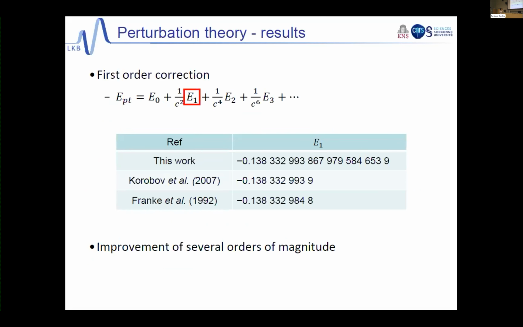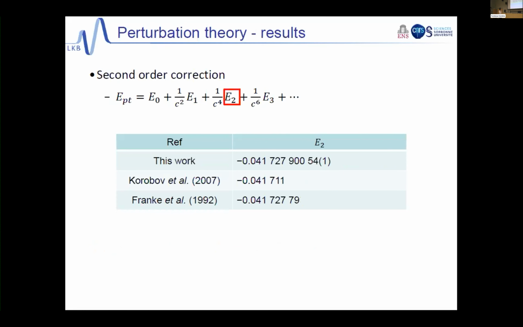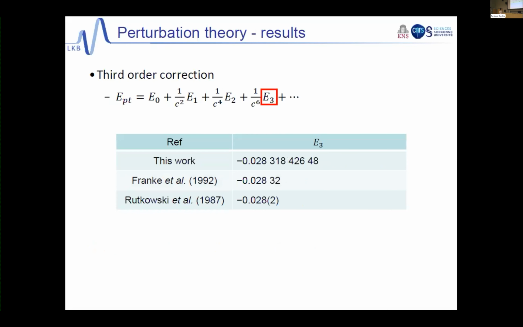So you can see that these were the results available in the literature, and we managed to improve the accuracy by several orders of magnitude. And the same for the E2 coefficient, and also for the E3 coefficient, we also improved the accuracy.